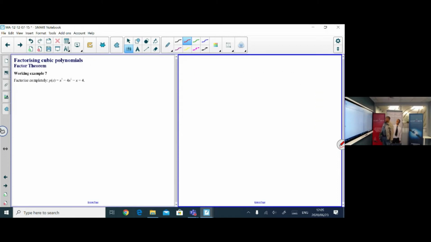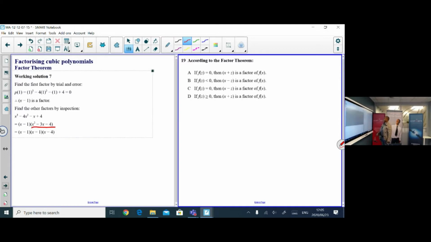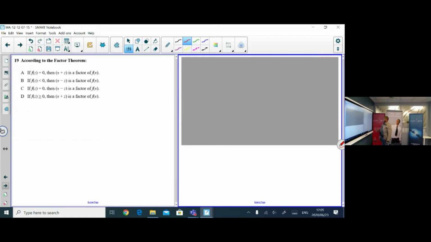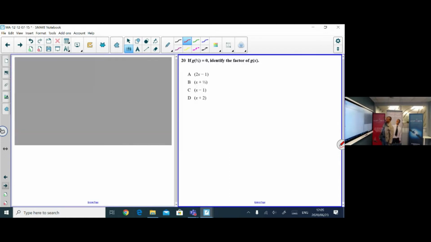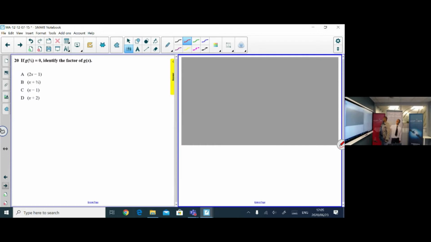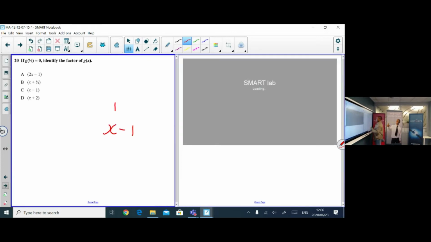So we had different questions around this, and we talked about the factor theorem and how you can use it to say that for any number that you substitute in, if there is no remainder, if it equals 0, that means that particular x in that bracket would be the factor. So for example, if it was 1, then your factor is x minus 1.